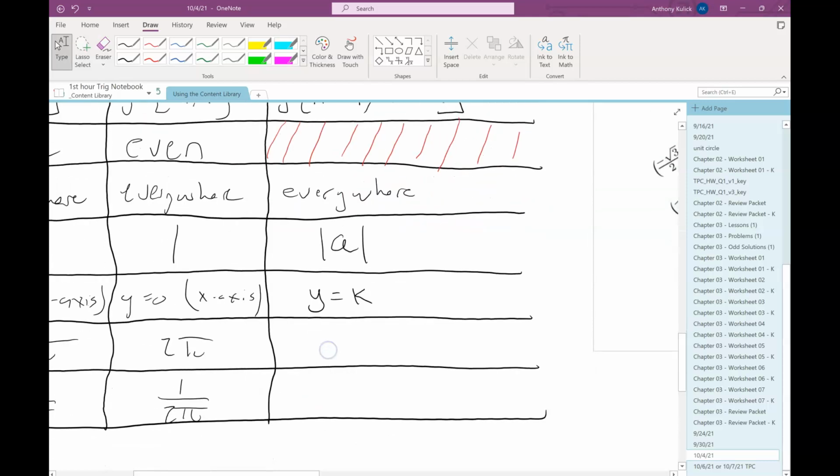So our old period was 2 pi. So our new period is going to be 2 pi times the absolute value of c. Notice I'm putting the absolute values on there again because the c can be positive or negative, but the period is a distance, it's a length, so I just need to make sure it's positive. And then the frequency is always going to be the reciprocal of the period, so I'll just write that as 1 over 2 pi absolute value c.